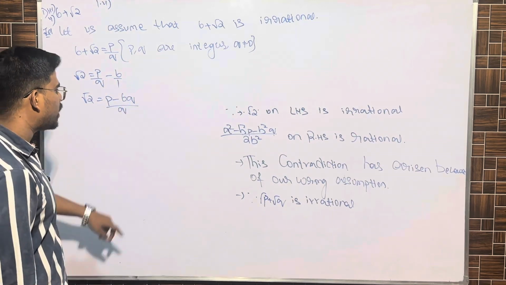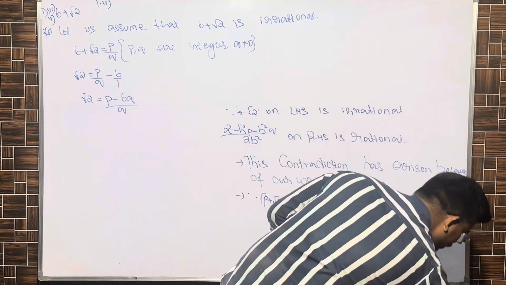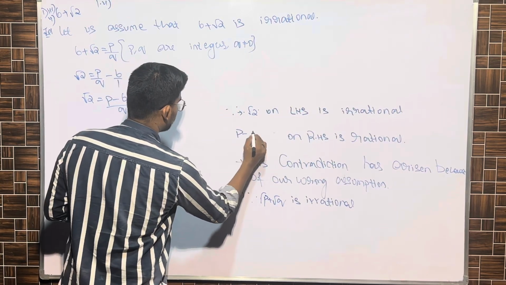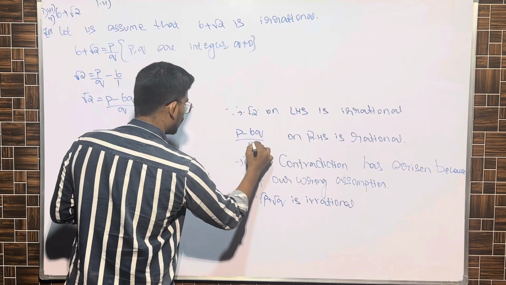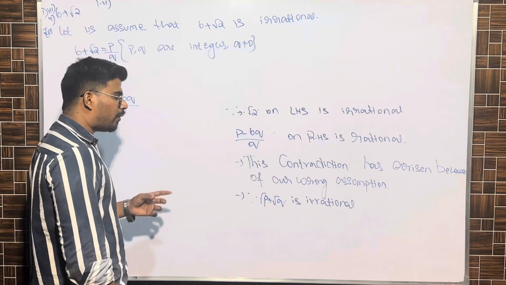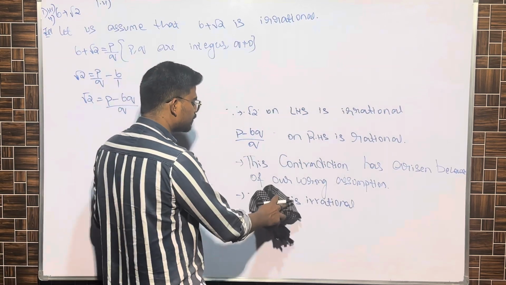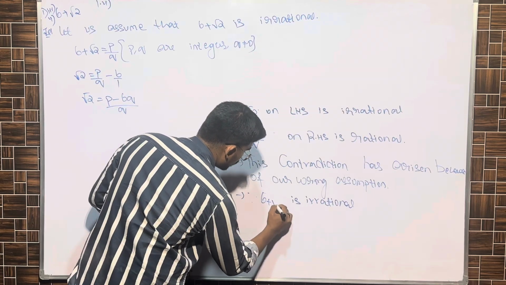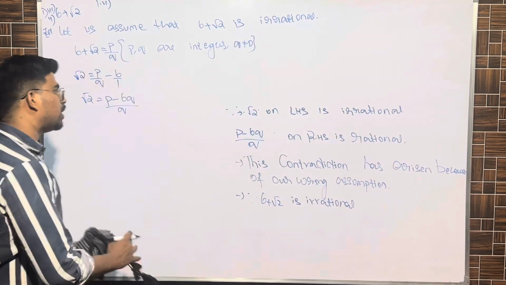P minus 6q by q on RHS is rational. This contradiction has arisen because of our wrong assumption. Therefore, 6 plus root 2 is irrational.